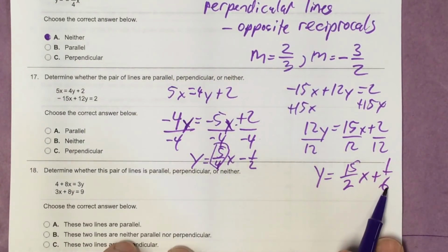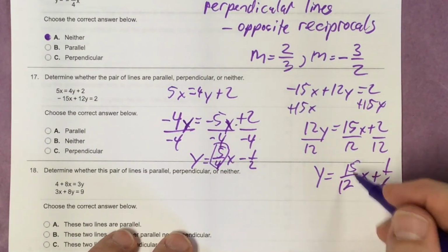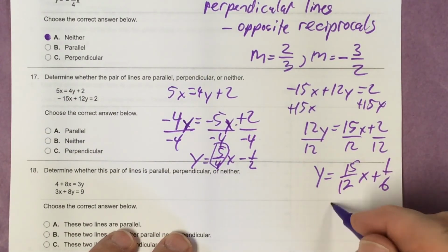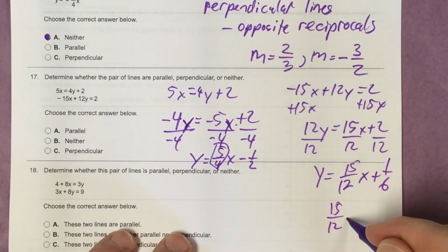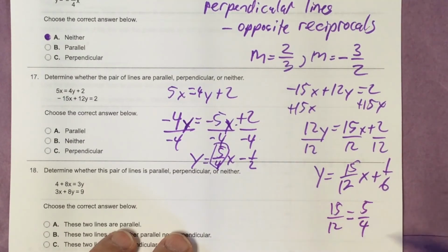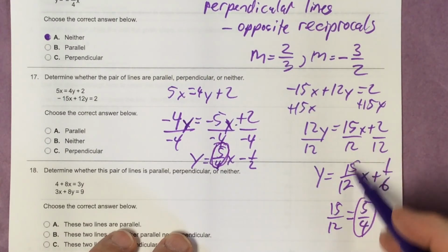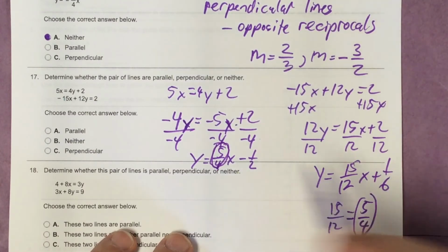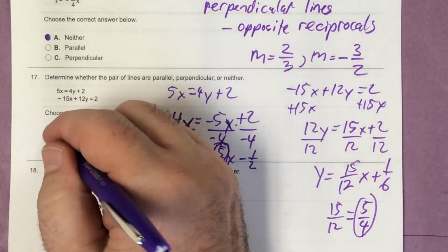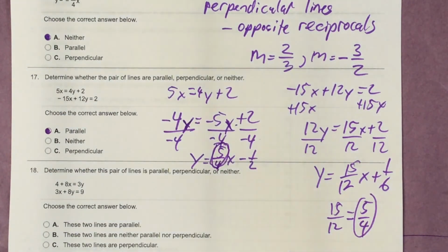Now, y-intercepts are a mess, but that's not the focus. 15 divided by 12 reduces to 5 over 4. So if this slope is 5 over 4, this slope is 5 over 4 because I take 15 over 12 and reduce that. The slopes are the same. That makes the lines parallel. That concludes the section video for 6.4.